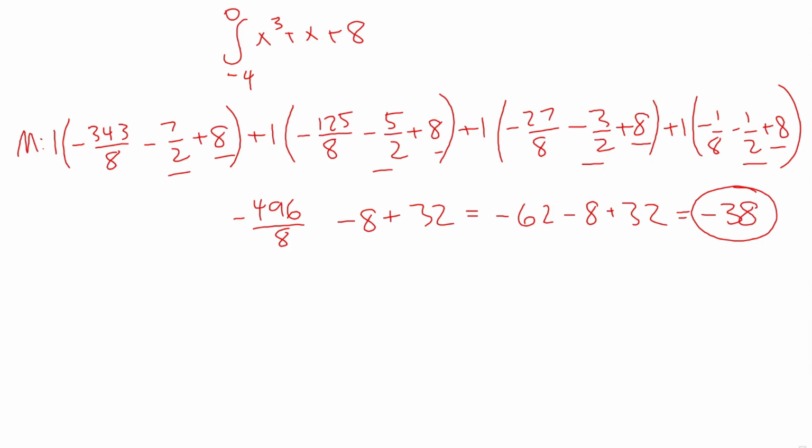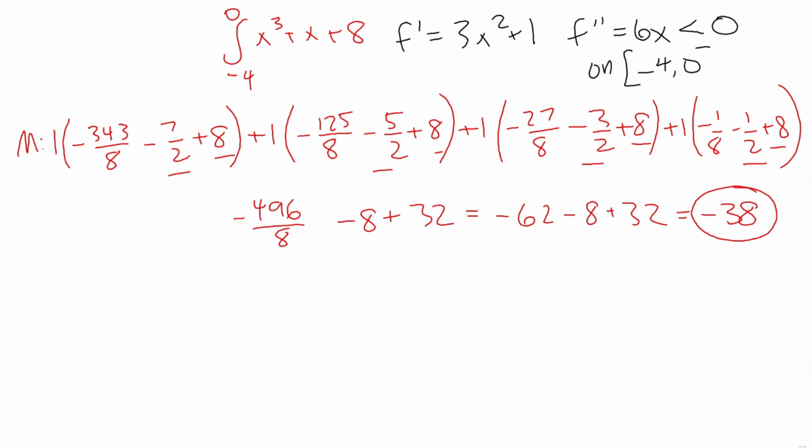And so then we have to determine if this is concave up or concave down to determine if this is an under or an overestimate. So we already had our first derivative, right? f prime was just 3x squared plus 1, and f double prime then is 6x. Well, on this interval, negative 4 to 0, that's always less than 0, which means that this function is concave down.